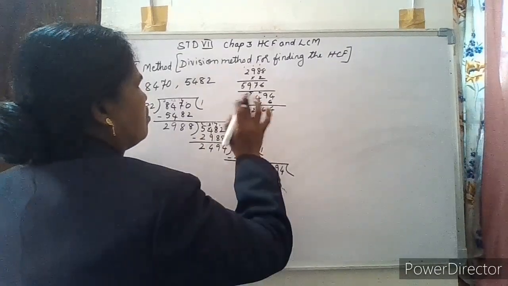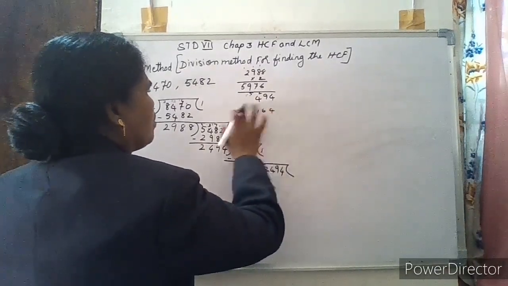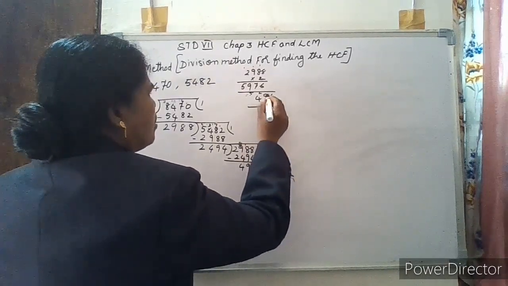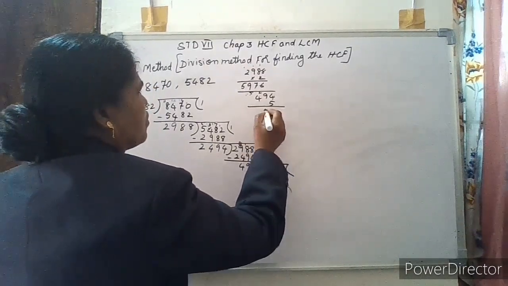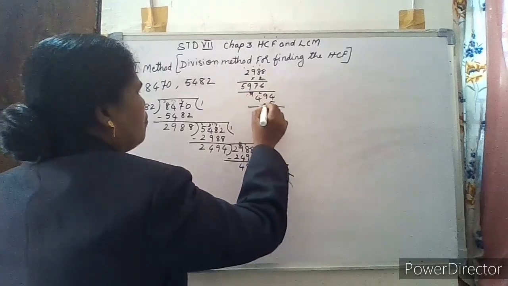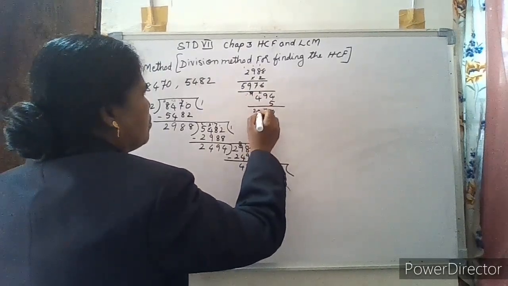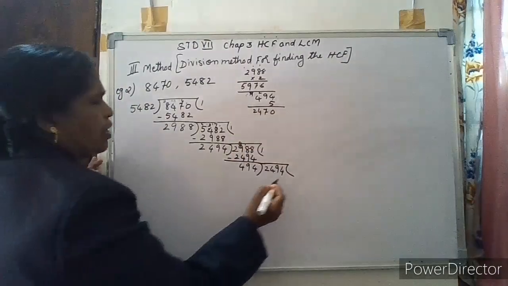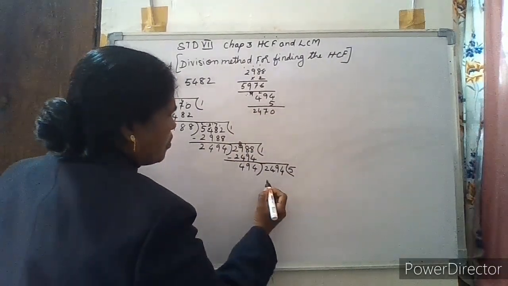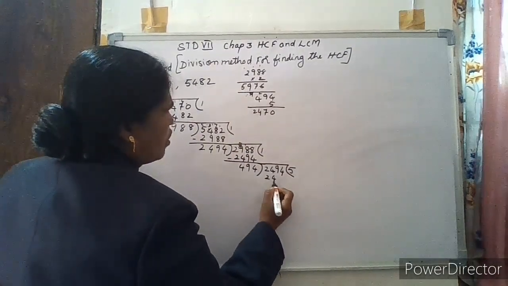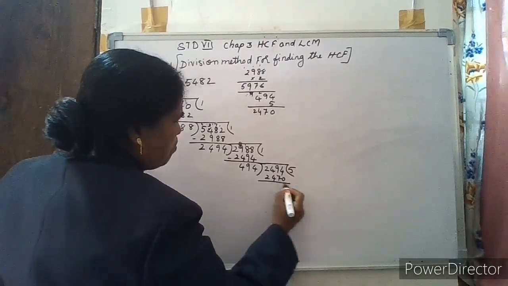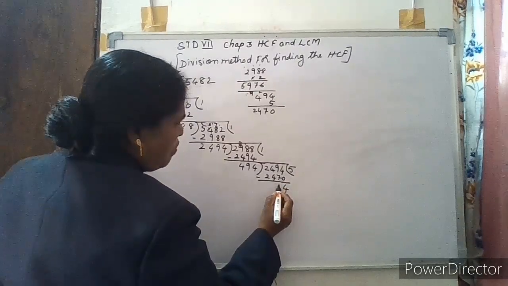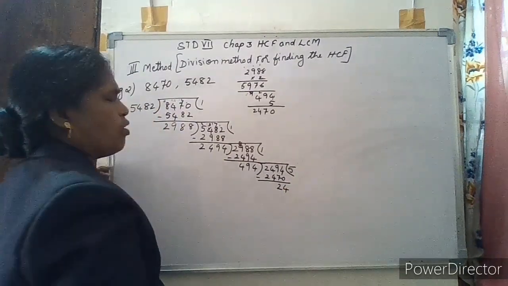It is more. So let us try to take 5. 5 4s are 20, carry 2. 5 9s are 45, 47, carry 4. 5 4s are 20, 24. 2,470, very near. 5 it is. 2,470. Subtract it, I will get 24 as the remainder.